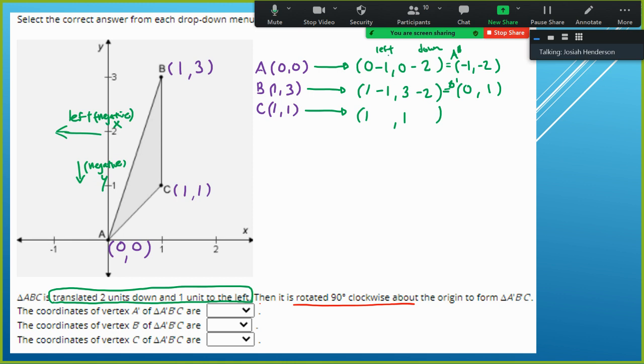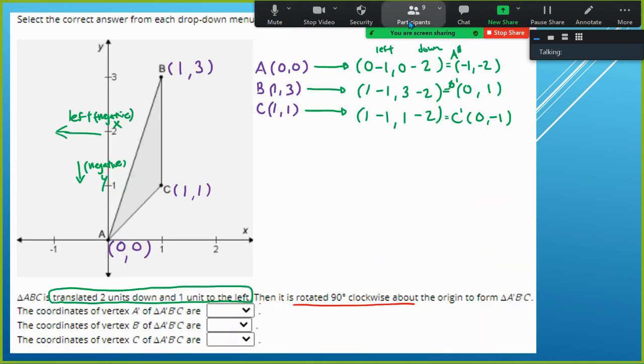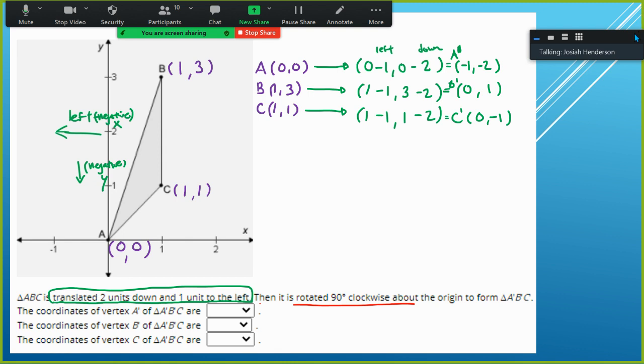But we have to still apply this left 1 and down 2. So this new C is at 0, -1. Okay, let me scoot that over for some space.